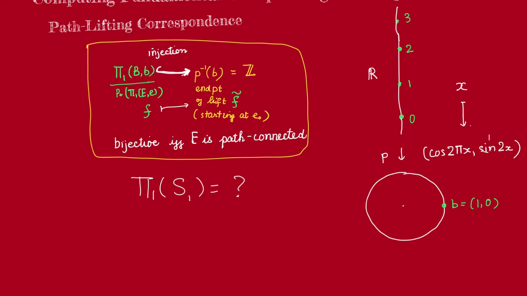Now there's a very nice thing about R. What's the special thing about R topologically? Well, it's simply connected, so its fundamental group is trivial. So in this correspondence, the group here is trivial. So we actually have a bijection, because R is path connected, because it's simply connected.